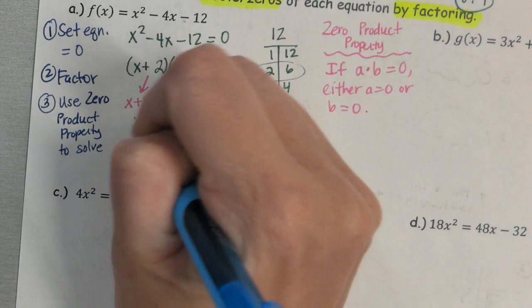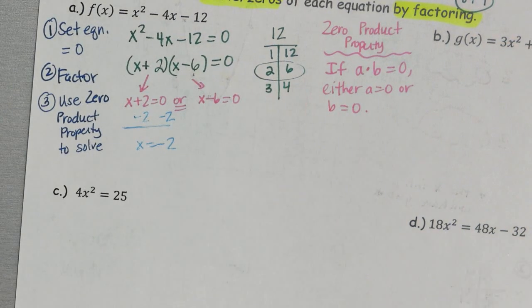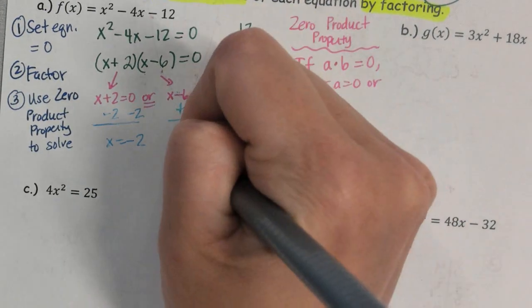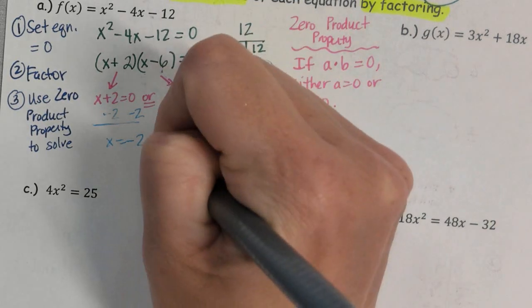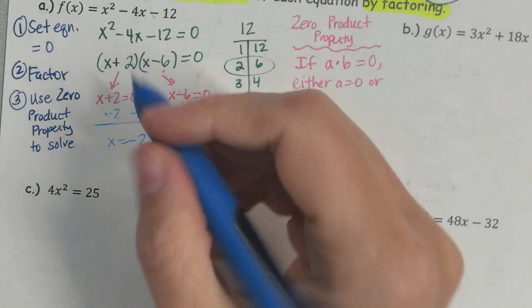So I'm going to subtract 2 from both sides. So x equals negative 2. Or I can add 6 to both sides. Sorry, it's kind of hard to see. Okay, so x either equals negative 2 or x equals 6.